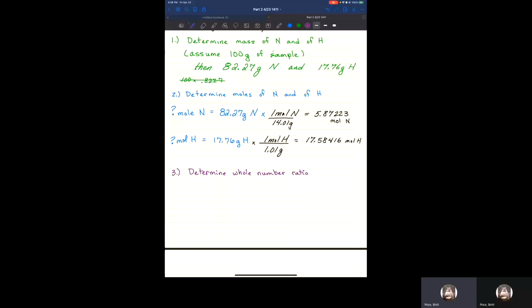So as of right now, I have nitrogen 5.87 and hydrogen 17.58. Ugly. I'm going to divide by the smaller.